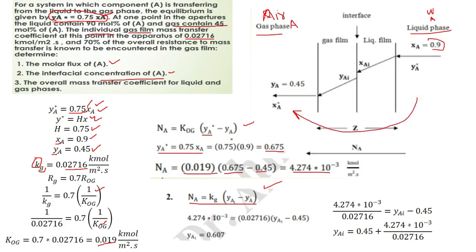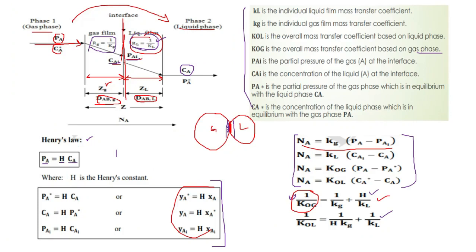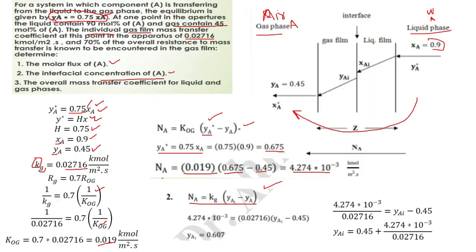So that's why you will write YAI minus YA. Similar is the case with this expression as well. As you can see here, KOG into PA minus PA star. This formula is for gas to liquid, so if you go from liquid to gas, this expression will be reversed. It will be written like this. Now NA is 4.274. It is equal to kg. This is the formula for kg.